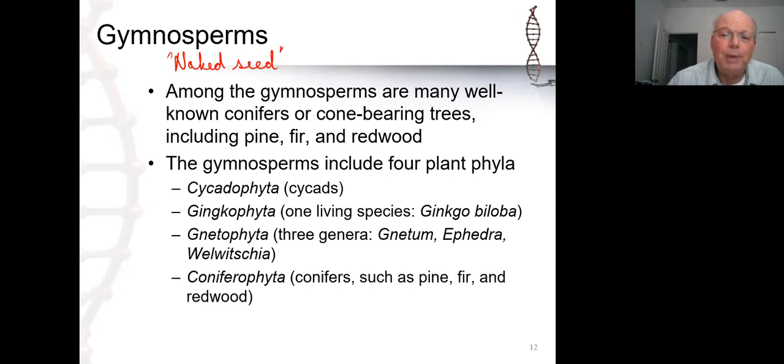If you are looking at particle board or something like that, that's all made out of conifers, wood chips. And all of the paper that you use, every scrap of paper, until very recently, was made out of conifers.